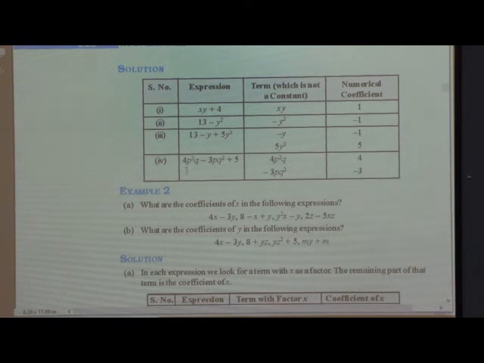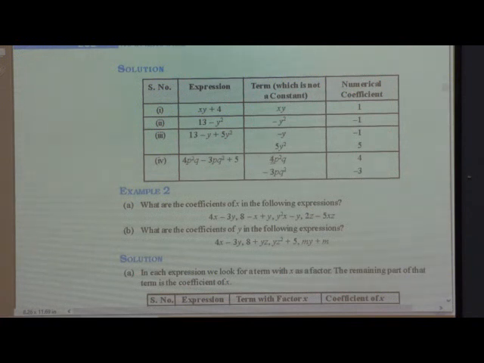Now 4p square q minus 3pq square plus 5. 4p square q is one term and minus 3pq square is another. We have plus 5 as a constant, so we don't write plus 5 because we are writing without the constant.